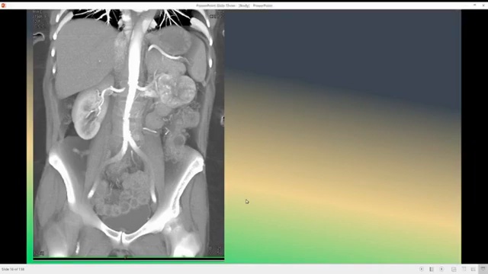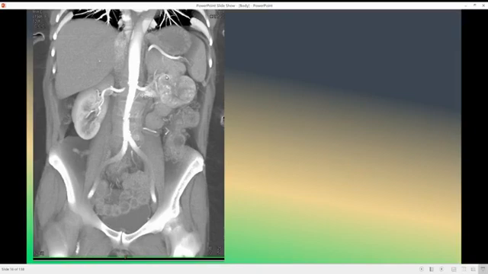As we see here, this patient has a left renal mass, and here is the renal artery and here the renal vein. The renal vein is involved.